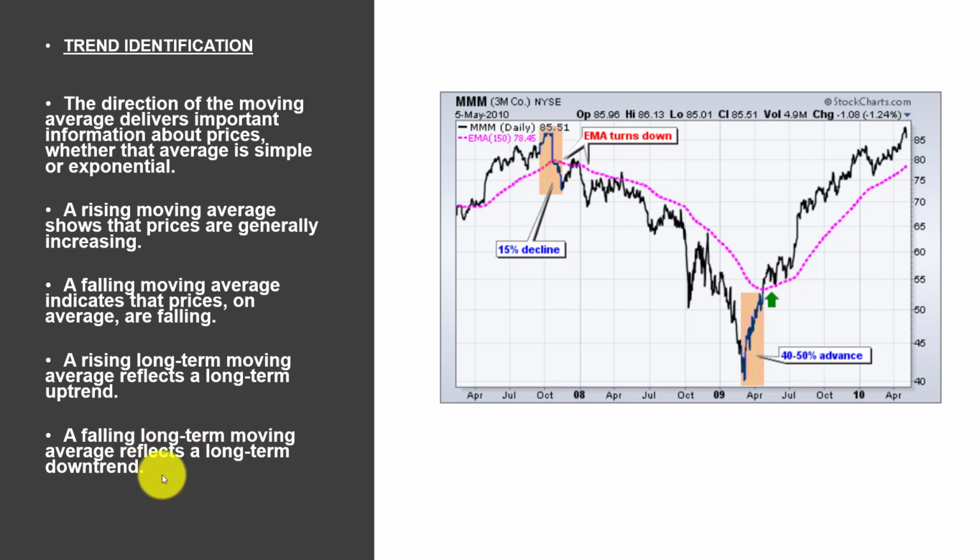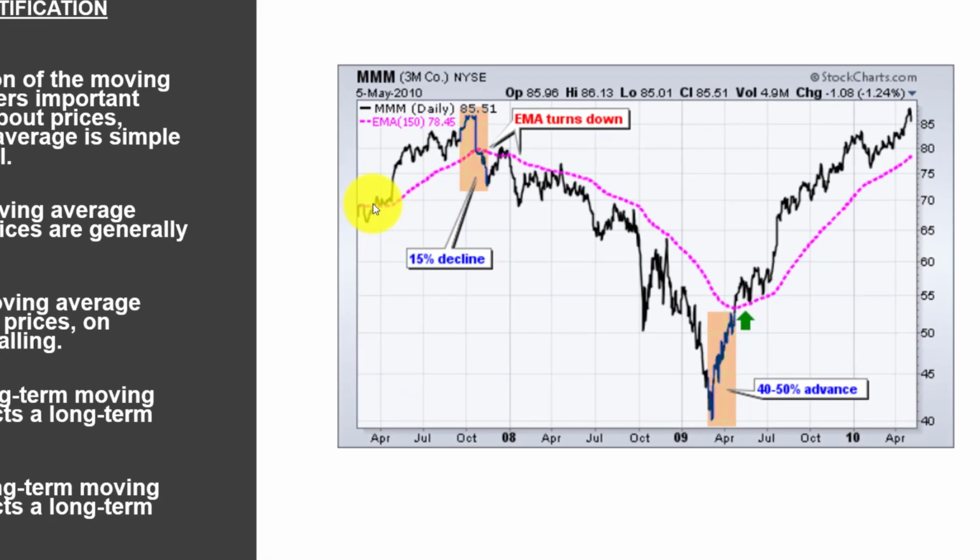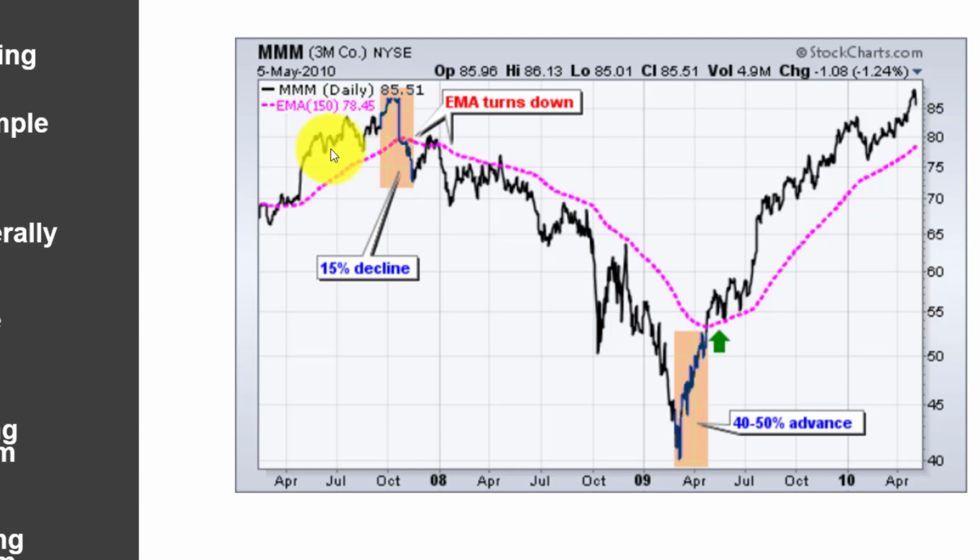Now, as we can see, this is an example I'm showing you here. The price is indicated in the black line, and the moving average is this pink line here.